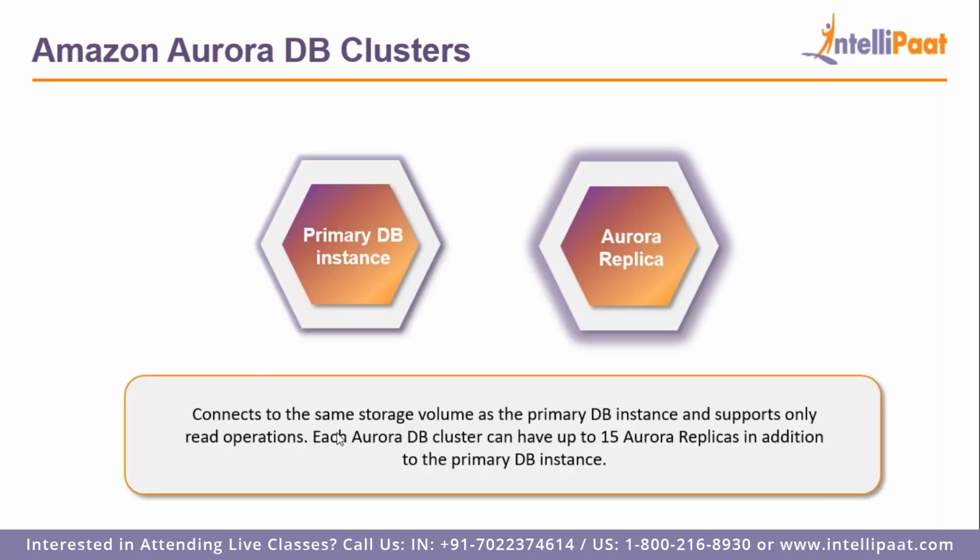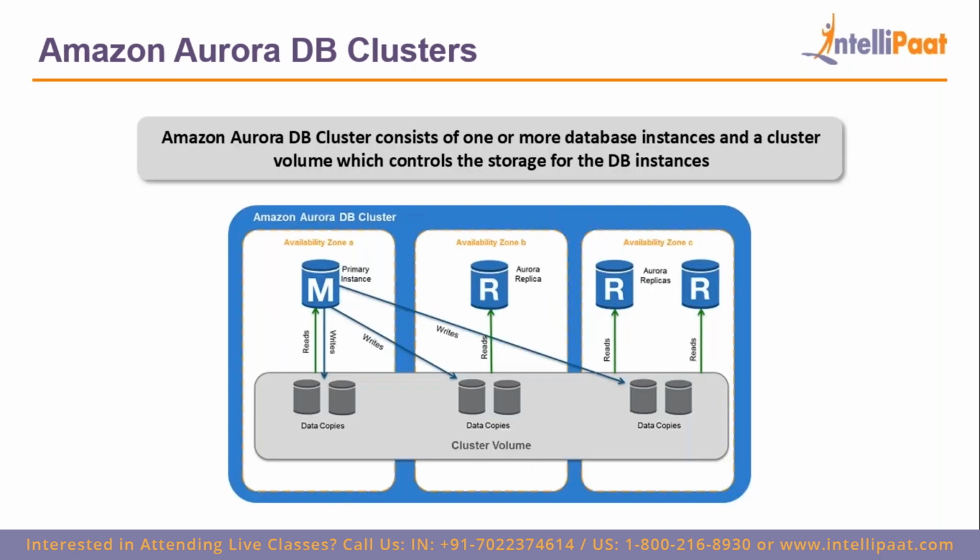Each Aurora database cluster can have up to 15 different Aurora replicas in addition to the primary database. What does this mean? Coming back to this, you have 3 availability zones. Let us consider that in availability zone A, you have the primary database instance. Now your application is very read intensive. Many people are trying to read data, so there is a lot of workload.